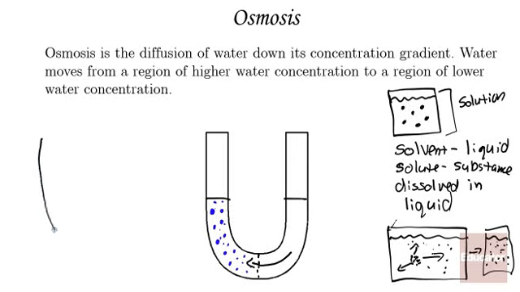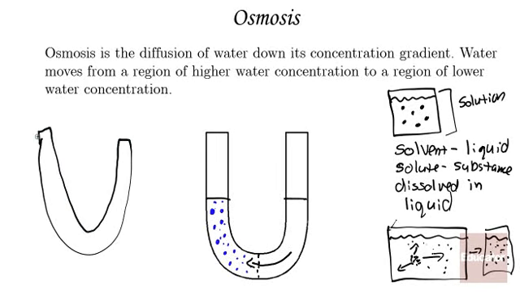What is going to end up happening, since the solute can't cross, is I'm going to end up with the level of the water rising on the left side as water moves to that side and ending up lower on the right.